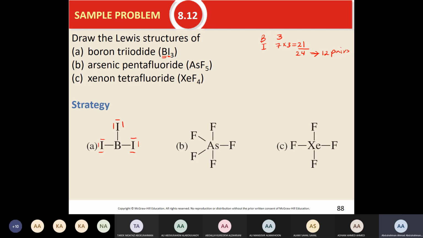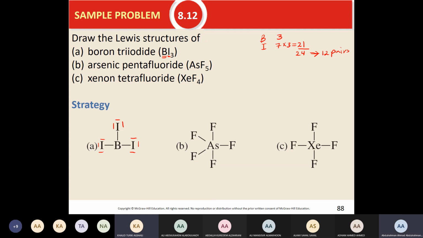Is this an acceptable structure? Yes. Around all the iodines, 8 each. How about the boron? How many around it? 6. Doctor, shall we mention that the boron is an exception? Of course.